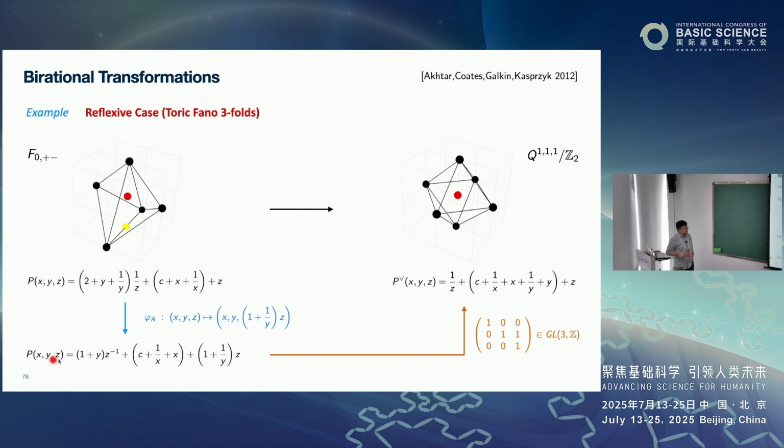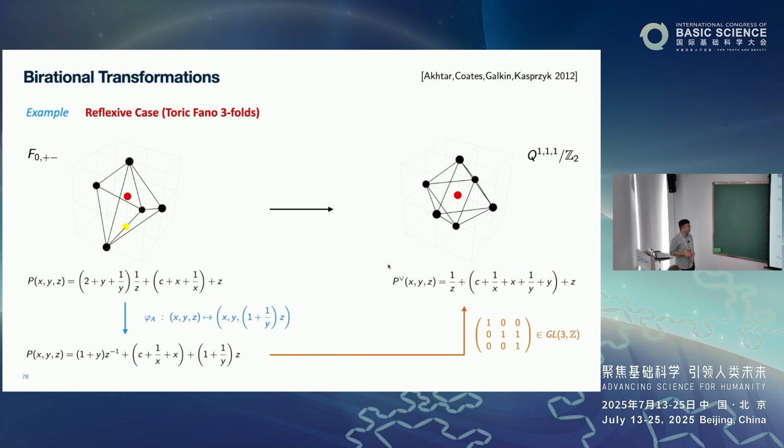That results in this Newton polynomial, which has some oddities in terms of toric diagrams, but I can transform it by an appropriate GL3Z transformation to a nice form, which is this Newton polynomial that gives me the toric diagram of Q111 over Z2. This additional step of GL3Z is necessary to make this form a bit neater.